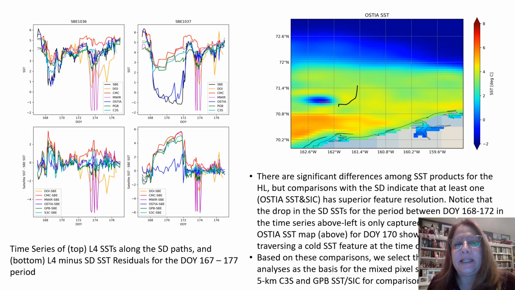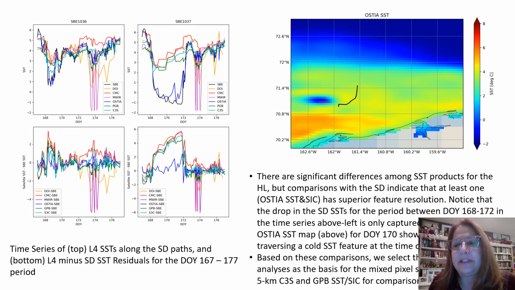Also, if we look at the time series of the SSTs, we can see this period between day 168 and day 172 where the Saildrone dropped to negative temperatures, and OSTIA was the only one that was able to capture this feature.